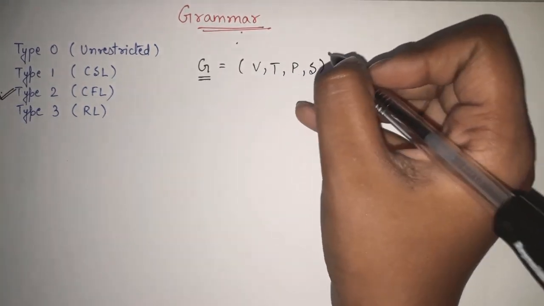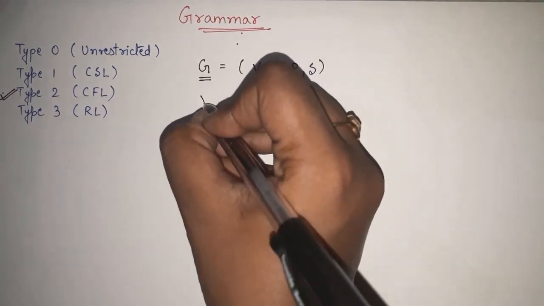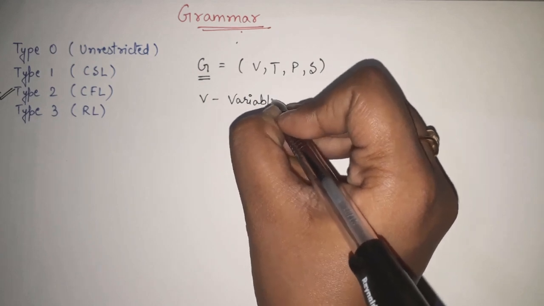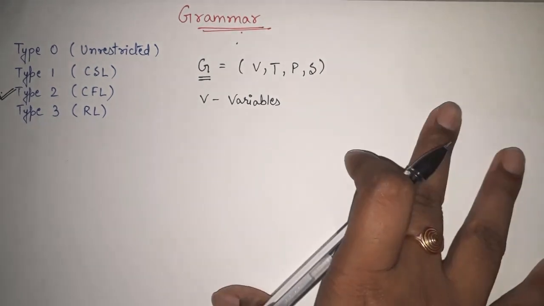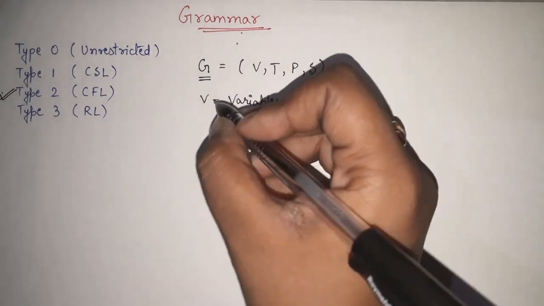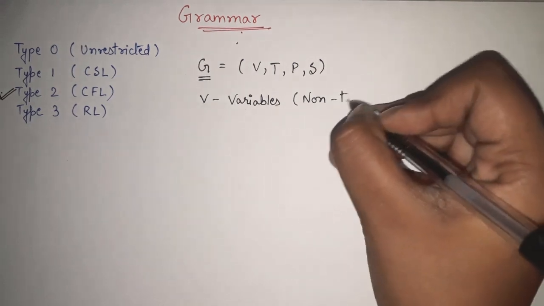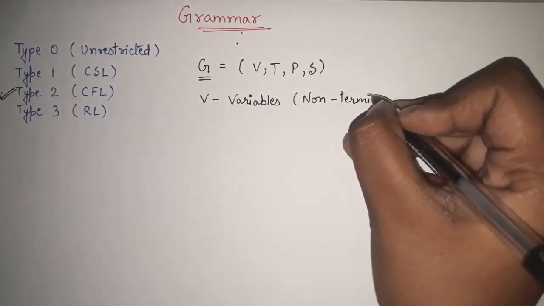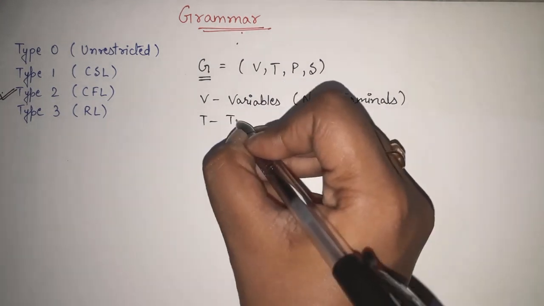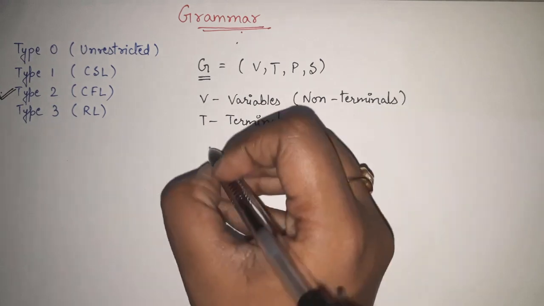Now obviously the next question is, what are V, T, P and S? These notations are very important to remember. Fine, so please try to understand it properly. What is V? V stands for variables. Variables are also known as non-terminals. Then T stands for the set of terminals.